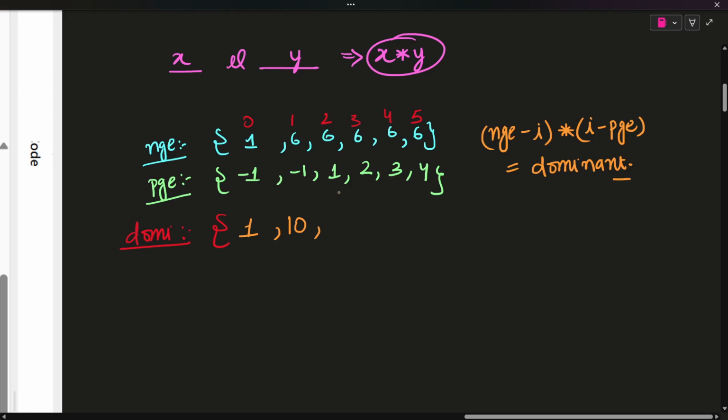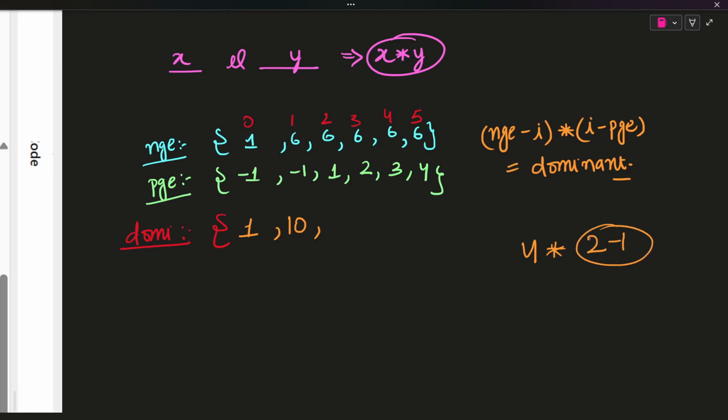No, it will be 6 minus 2, which is 4, and 4 into I, which is 2 minus 1. So it will be dominant in 4, this will be dominant in 3, this will be dominant in 2, and this will be dominant in 1. Right? So we have our dominance here.